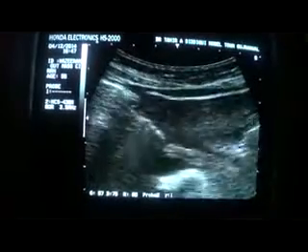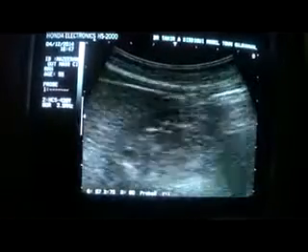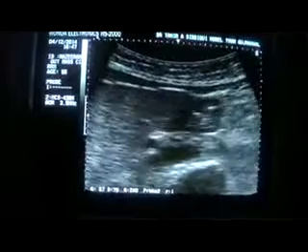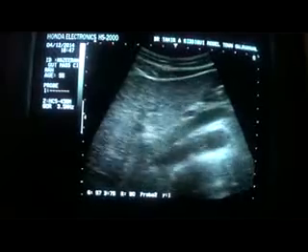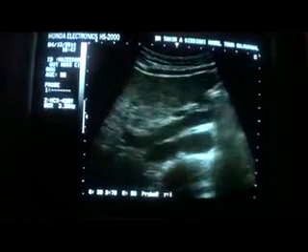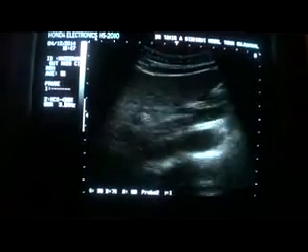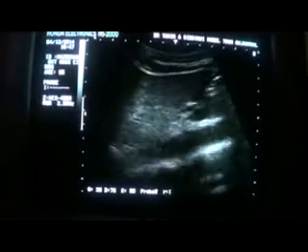The pancreas is okay. This is the portal vein and is patent. This is the aorta.